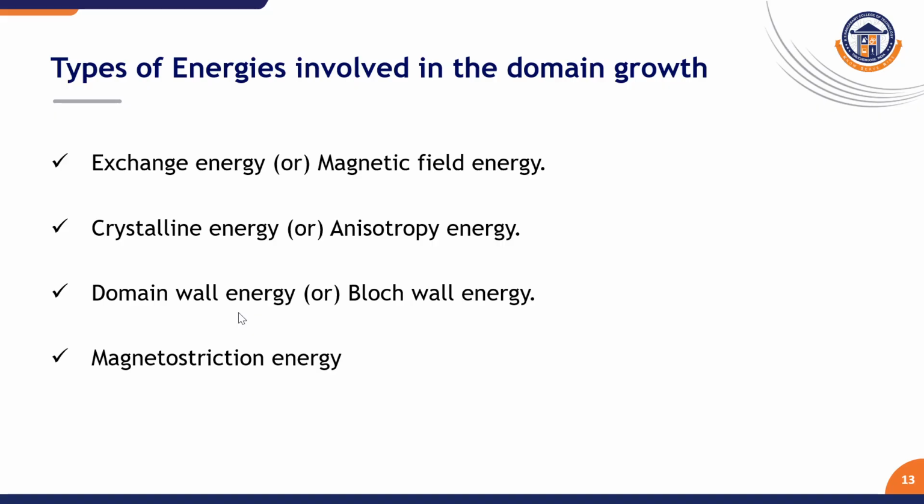Domain wall or Bloch wall energy is the energy needed to form and maintain the boundaries between the domains. Magnetostriction energy comes from the slight change in shape or strain of a material when it is magnetized. The balance between these energies determines how easily a material can be magnetized and how stable the magnetization will be.